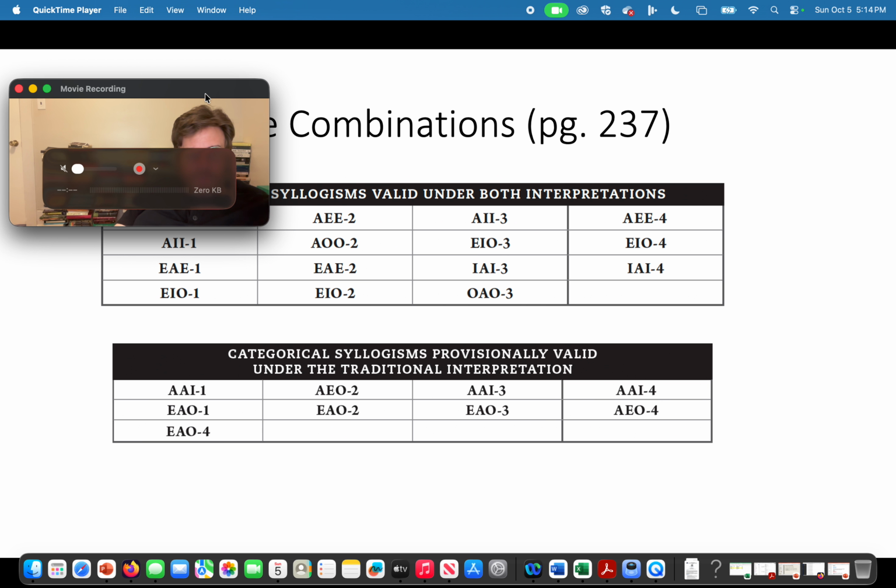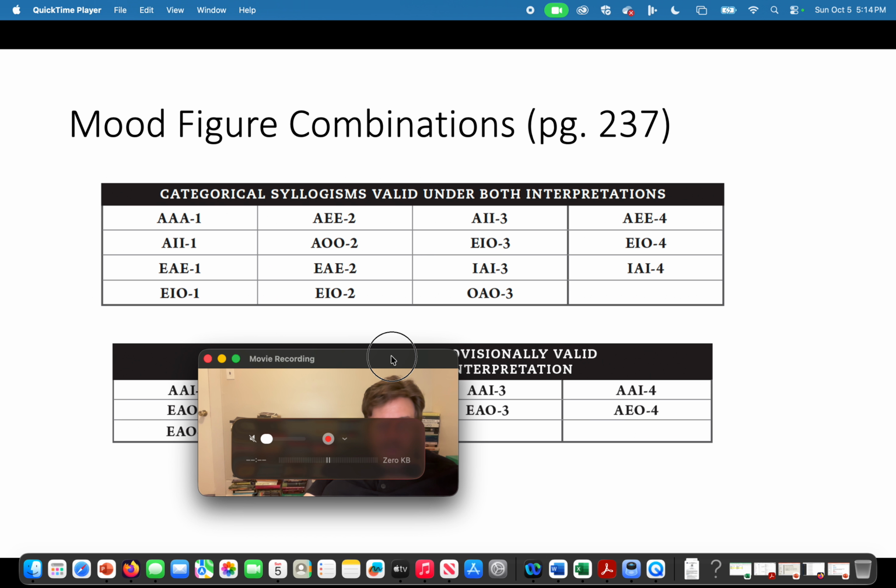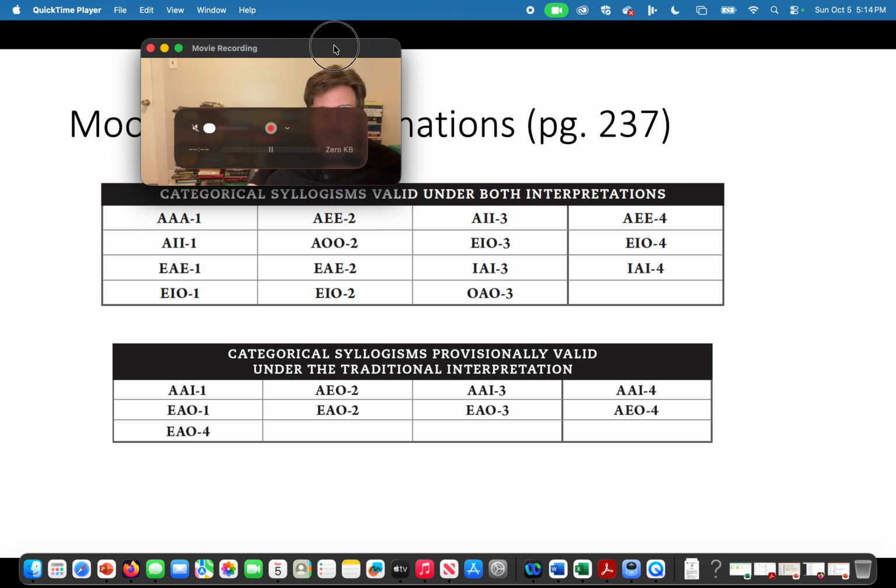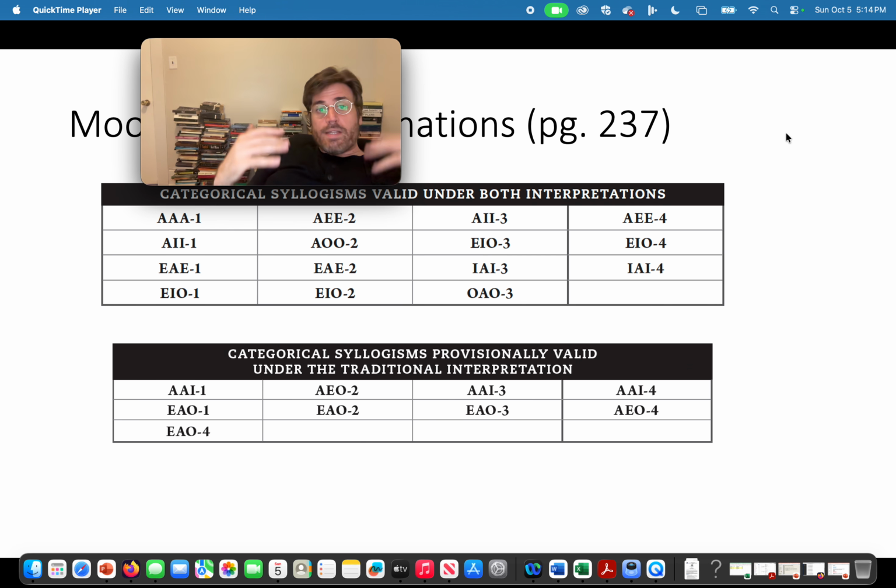Now here's a full chart of every possible combination we can have on both interpretations for figure and mood. In other words, these are combinations of valid categorical syllogisms when we take together mood and figure. You'll notice, on page 237, we have moods like AAA figure 1 is valid, AEE figure 2 is valid, AII figure 3 is valid, and so on and so forth.